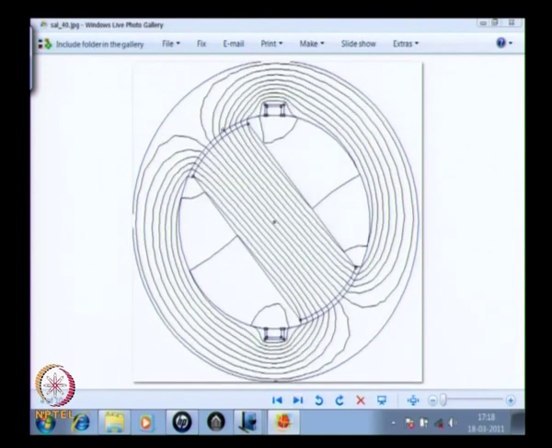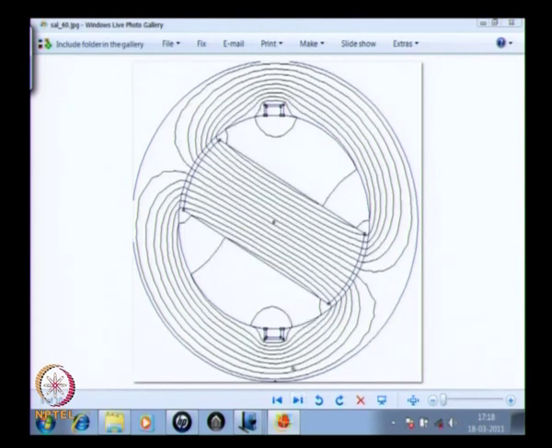Now you have high flux density regions again near around the rotor area, whereas these areas now have very little flux density. This again high flux density, here low flux density. Rotor rotates a little more. You can see that the high flux density areas seem to be traveling along with the rotor.